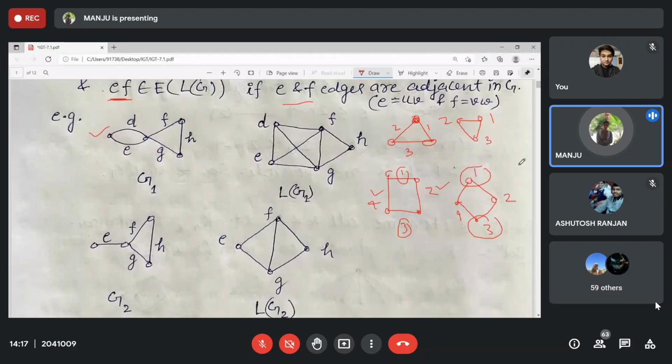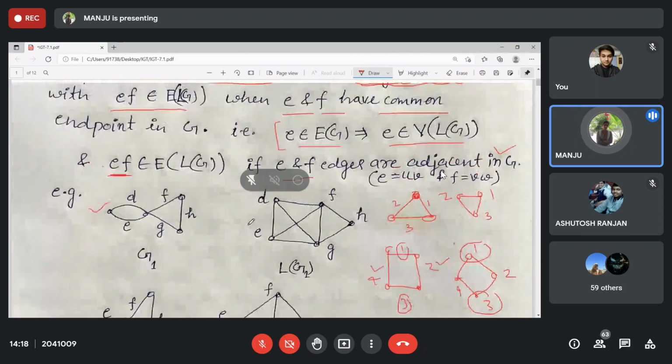In general, the line graph of Cn is isomorphic to Cn, and the line graph of Pn is isomorphic to P n minus 1. Understood?